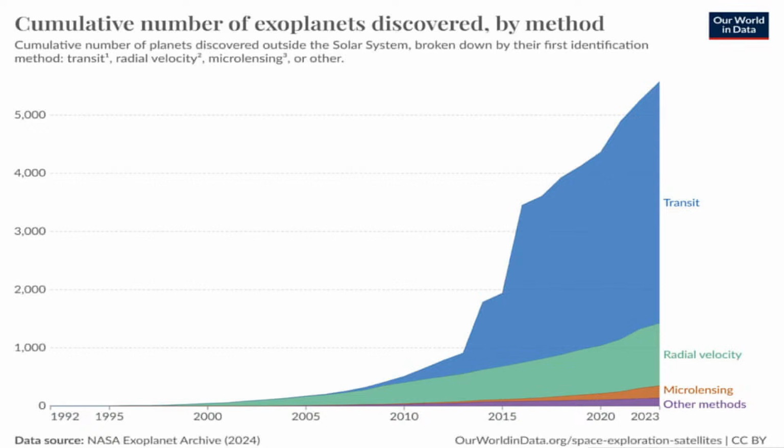Now, one of the problems with that method is if you were, for example, trying to spot the transit of the Earth in front of our sun, you'd have to be very lucky because it takes 365 days thereabouts to go around our star.